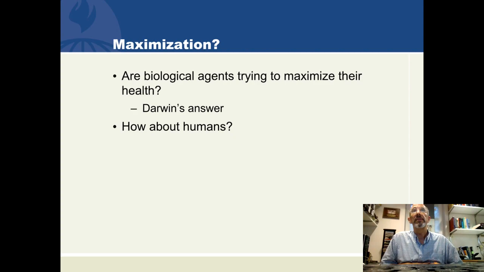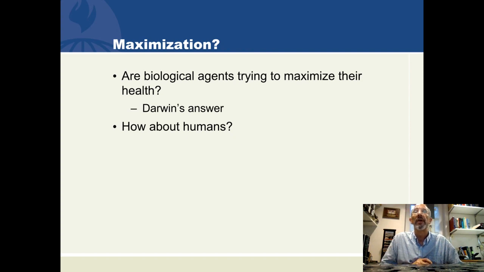But how about humans? We've only been around for a few 10,000s of years. Are we really trying to maximize our health? Is Darwinian competition really happening? It's a good question, because we know there are several exceptions to biological agents with human species maximizing their health.